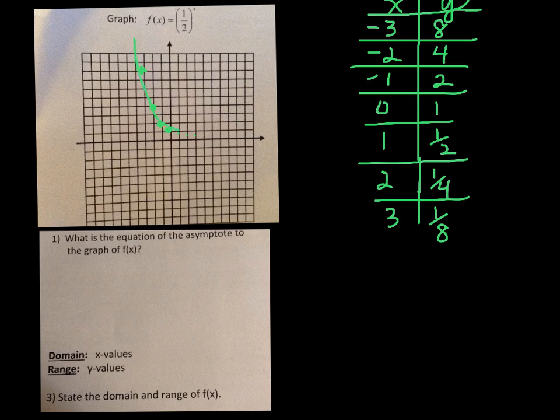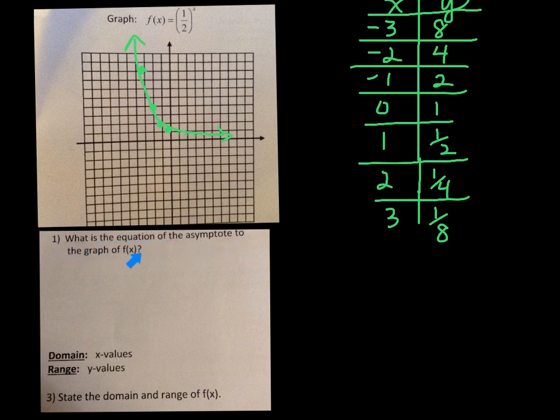Now, here's the thing on the right-hand side here. If you were to go to your table and just scroll down to x values of 4, 5, 6, 7, 8, you'll see that the y values will never reach 0. So we call that, if you look down at number 1 below that, it says, what is the equation of the asymptote to the graph of f of x?